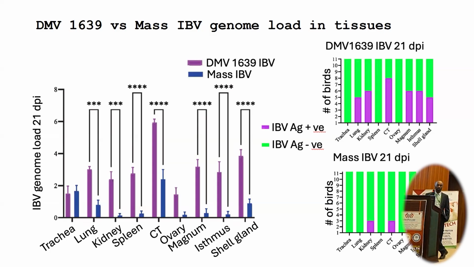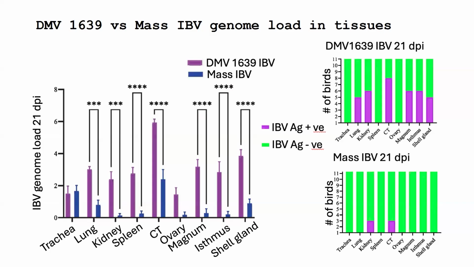And you can also see the viral replication, which is assessed by immunohistochemistry. It is high in the cecal tonsils and lower or not present in the spleen. This is more severe in the DMV 1639 infected birds.